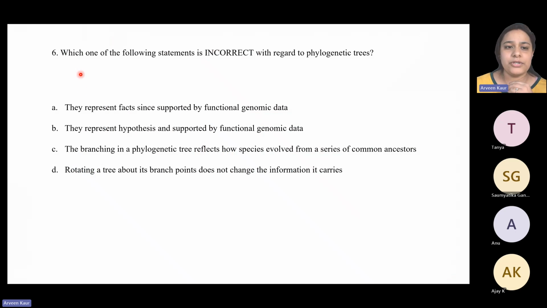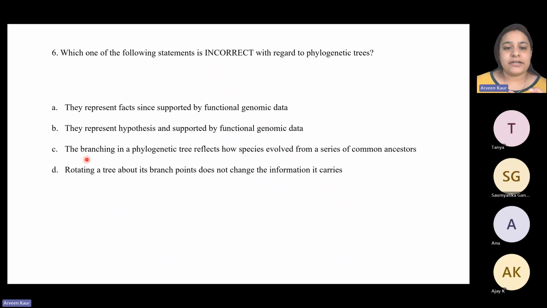Okay. Which brings us to question number 6, which says: which one of the following statements is incorrect with regard to phylogenetic trees? So the options are: they represent facts since supported by functional genomic data. They represent hypotheses and supported by functional genomic data.